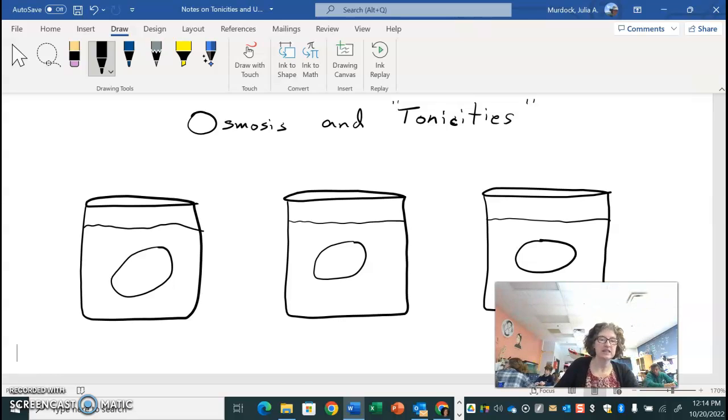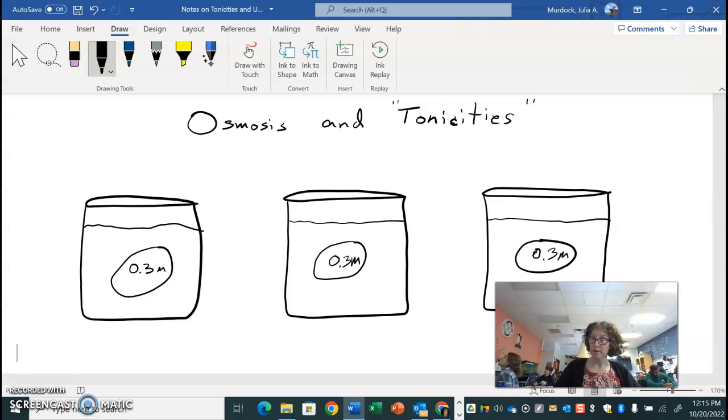And let's say that in this first situation, the inside of the cell has a salt molarity of 0.3. In fact, all of the cells, since they're the same type of cell, are 0.3 molar inside. And let's say that we're talking about salt.